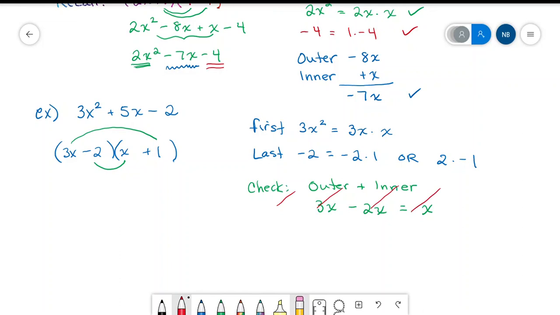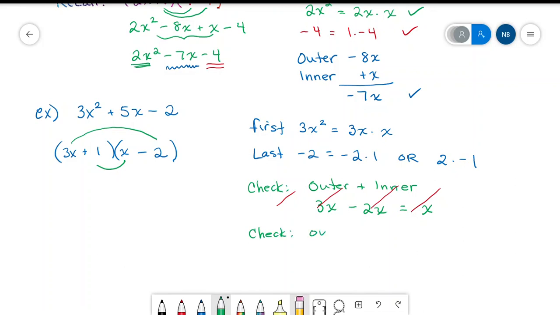Now the next thing we're going to try is switching the 2 and the 1. So I'm going to put the 1 here, and I'm going to put the -2 back here. Let's check that out. So we're going to check our middle term.